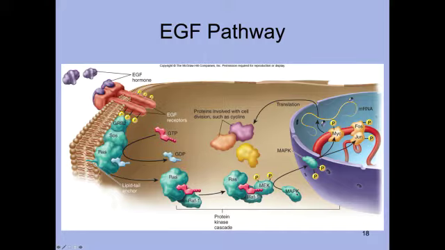This activates these MAP kinases, and the MAP kinases move into the nucleus and they start to activate these different transcription factors that are found on the DNA in the nucleus. These transcription factors will turn on a set of genes, and these genes will result in the production of proteins associated with cell division and cell differentiation.